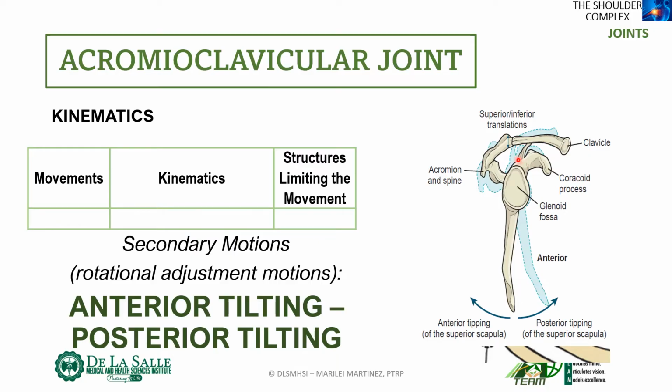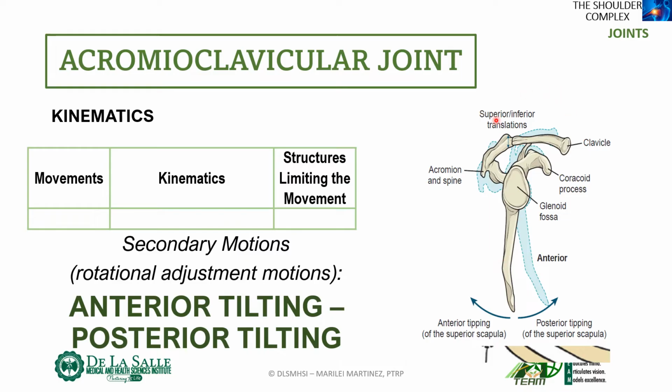Now, for the posterior tilting, the glenoid fossa tilts posteriorly, while the inferior angle of the scapula tilts anteriorly. Okay, so that is your posterior tilting or posterior tipping. They are the same of the scapula at the acromioclavicular joint.